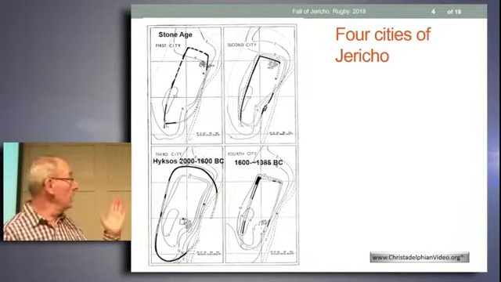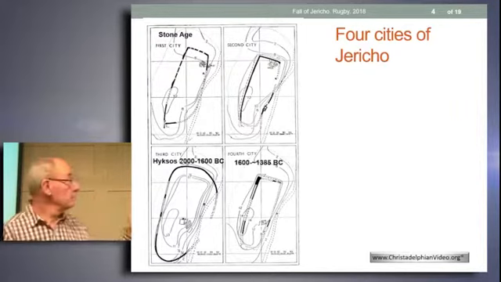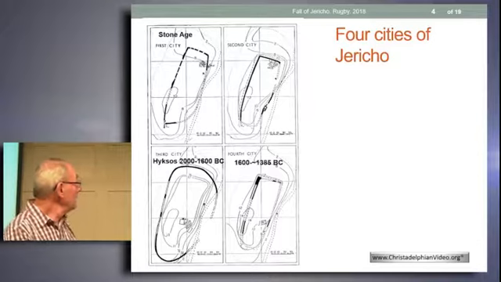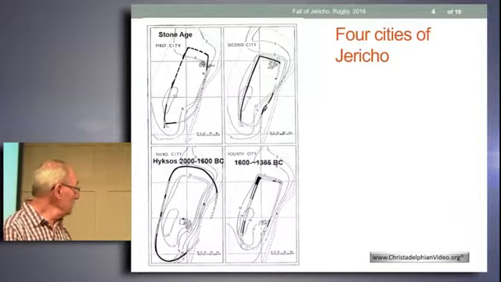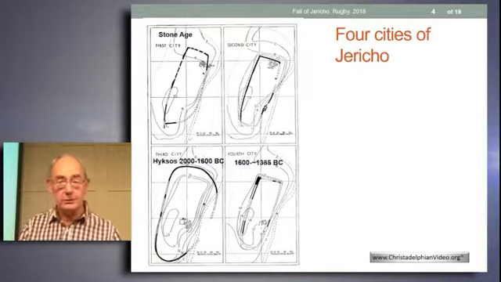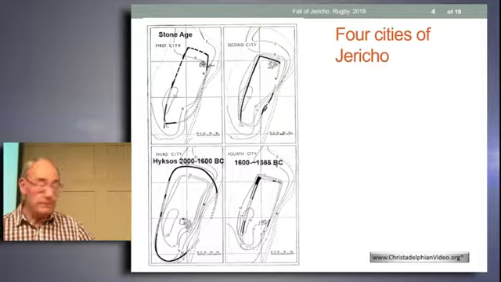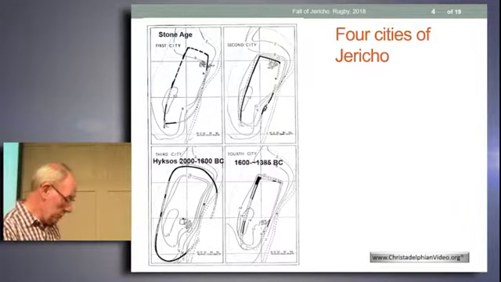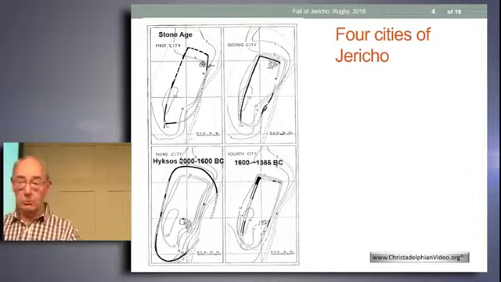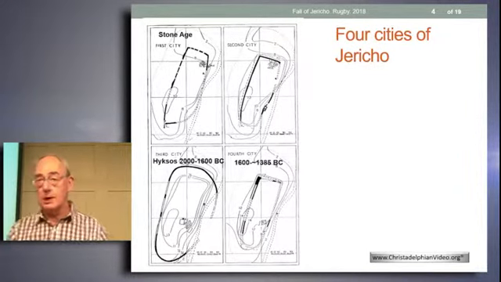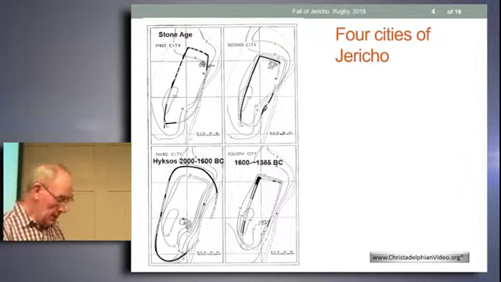There was a very early one, a Stone Age one, which we can see here, and then a second version, also very ancient, and then this third city, which is a bit more of interest to us, was established by the Hyksos shepherds. We'll say a little bit more about them in a minute. These Hyksos shepherds were very prominent in Egypt at the time when the children of Israel were there.